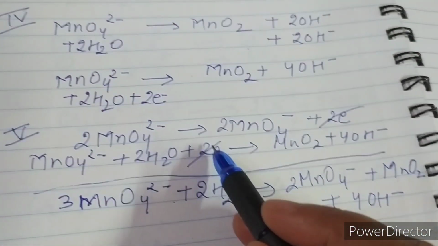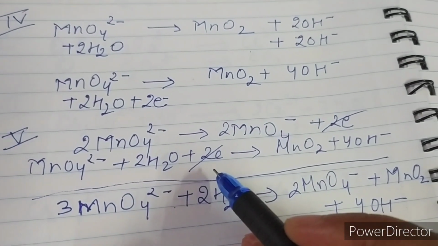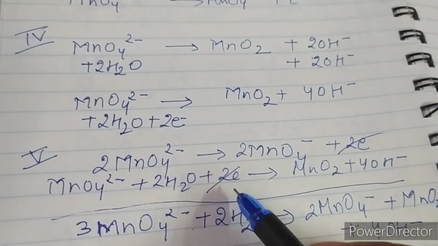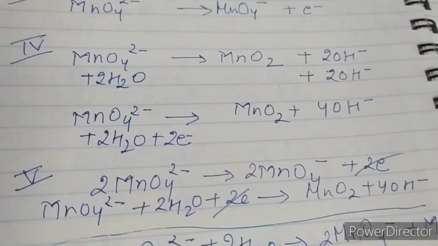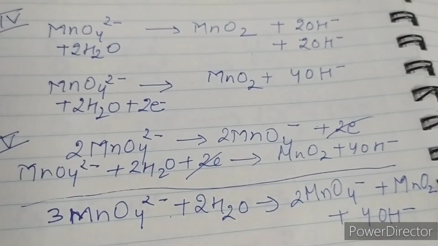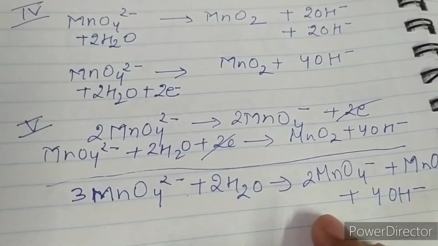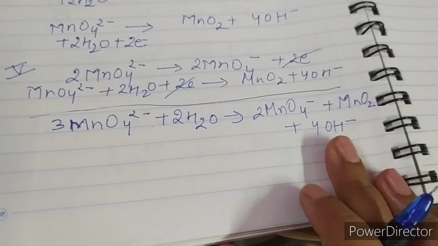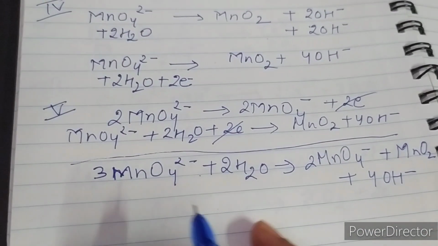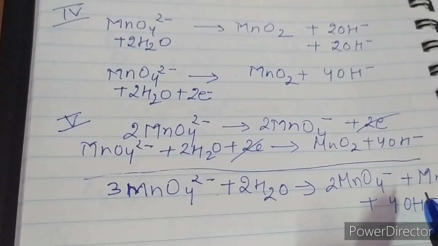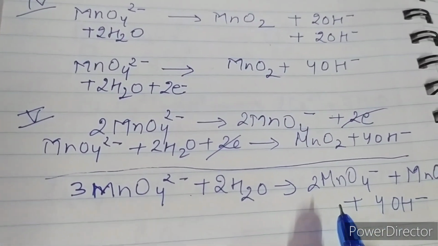Summarize the equation, then write the charges also in balancing the equation, and then equalize the electrons and cancel them by the partial equation method to get the complete balanced equation in the alkaline medium. So this is the complete balanced equation in the basic medium by the ion electron method.